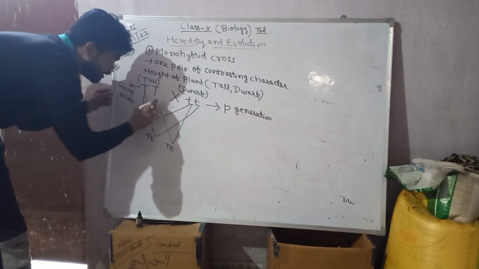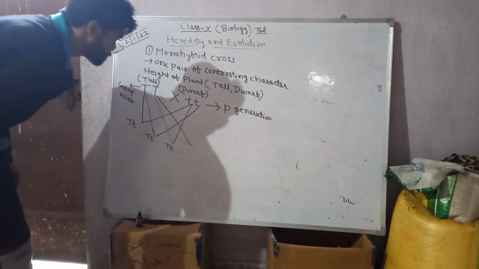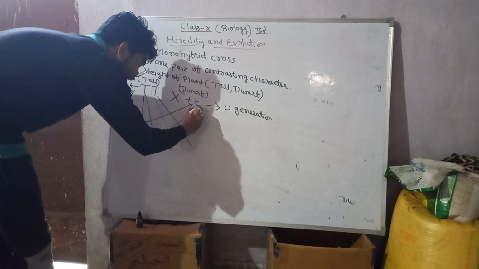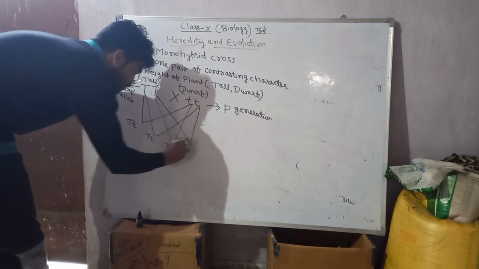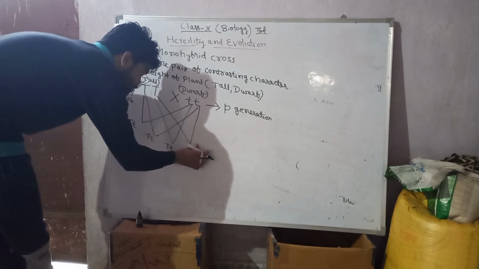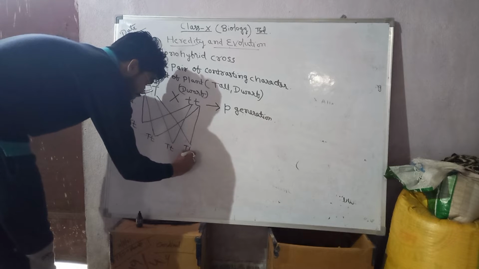After that this second one and this second one, then you are getting capital T and small t.